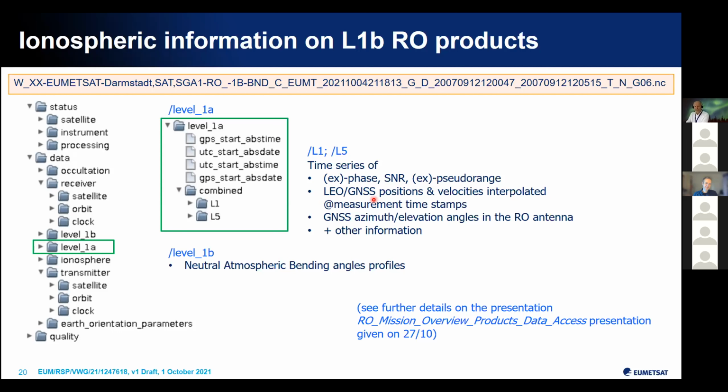We are also providing the LEO and GNSS positions and velocities, which are already interpolated for the measurement timestamps. We are providing the azimuth and elevation angles of the arrival signals, which are quite important also for ionospheric monitoring.